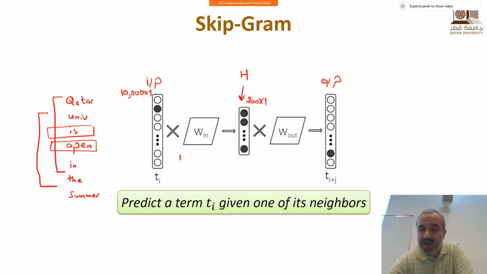Okay, it's actually the opposite multiplication, by the way. It's Wn times the vector, or this vector transpose times this. So this vector transpose, Ti transpose, is 1 by 10,000.